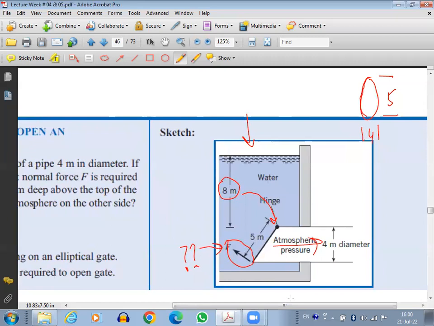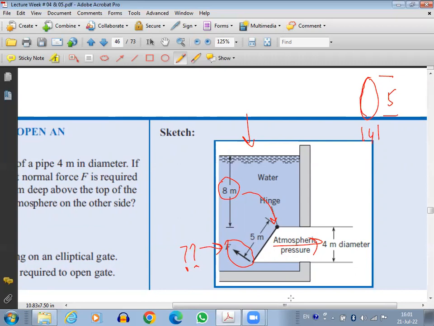Before moving towards the solution, do you understand the problem statement? What is asked? We have a pipe going into the container. The pipe is not cut vertically, it is cut at a certain angle. So we have an elliptical gate, hinged at the top, and we want to open the gate.